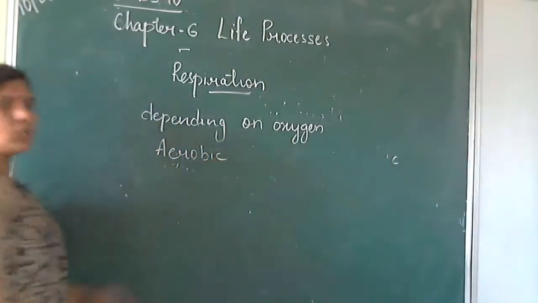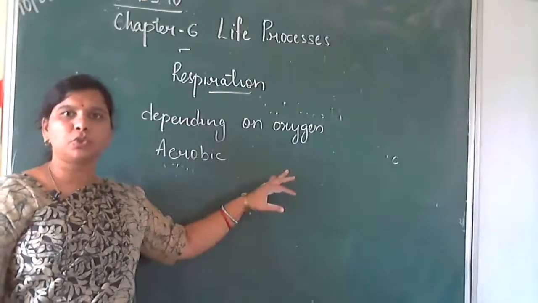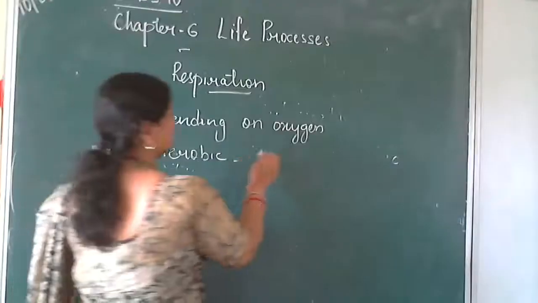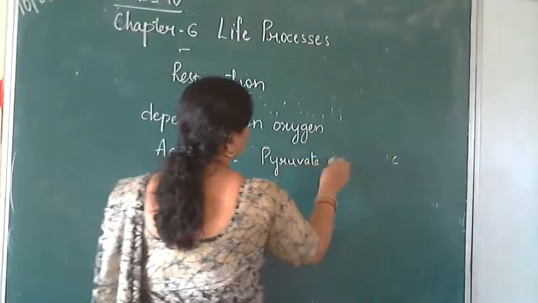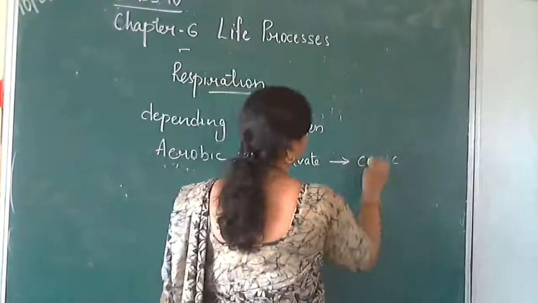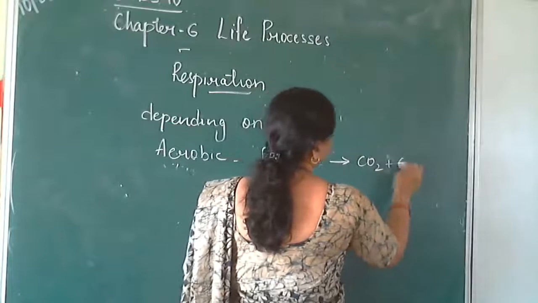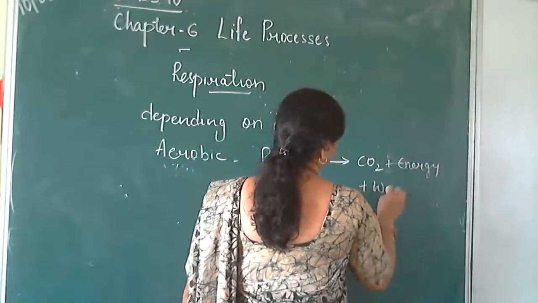Aerobic organisms are those organisms which break down the pyruvate. Glucose to pyruvate is a common step for all the organisms. So in aerobic organisms, pyruvate is broken down to form carbon dioxide, energy as well as water.